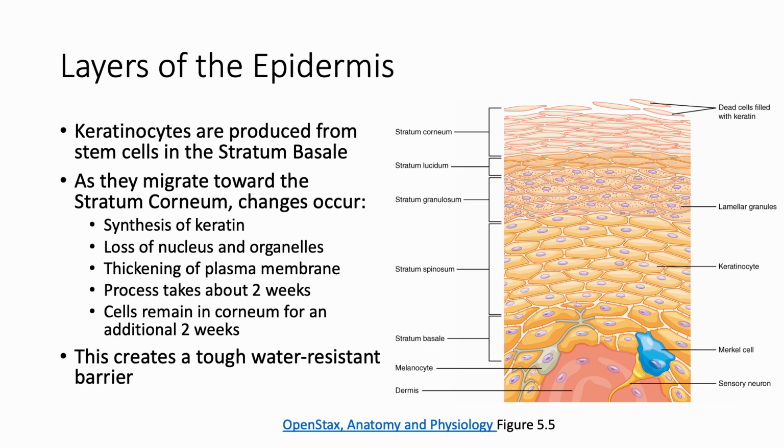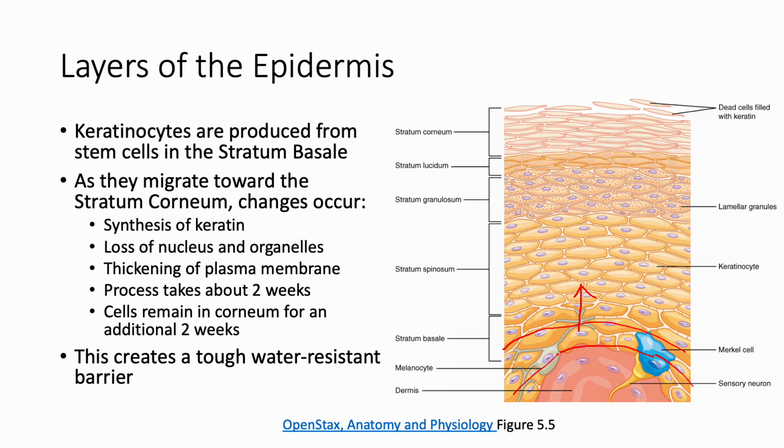So I just want to summarize what we looked at. We've looked at all the layers and we've looked at the types of cells that are in each layer. Remember, everything begins at stratum basale down here in the deepest layer of the epidermis. And as one of these stem cells divides, it pushes a cell up, right, into the next layer. And then as more cells are produced, it continues to push those cells up into higher layers.